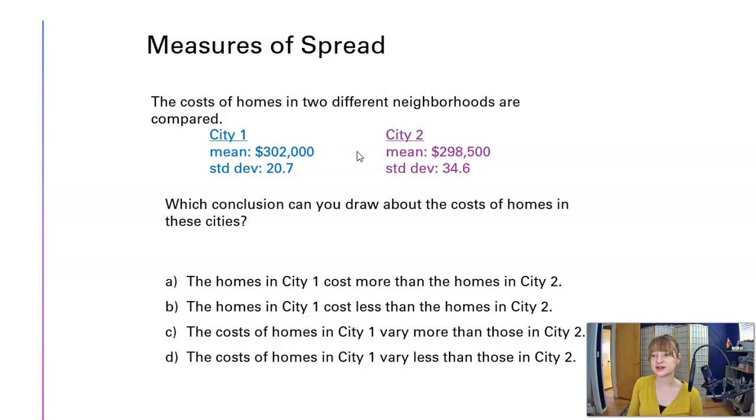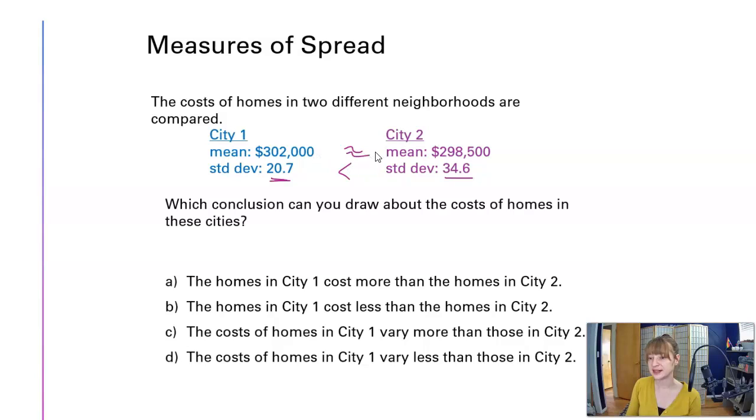Those are not the exact same number, but based on the scale, they are very close to each other. We'd say those are almost equal. But the standard deviation is actually pretty different. 20 and 34.6 are pretty different standard deviations. So City 2 standard deviation is much higher.